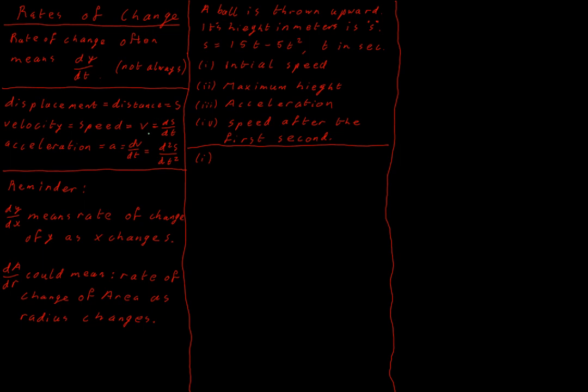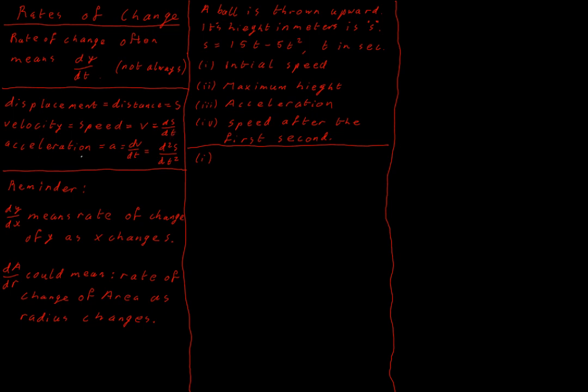Is there anything else to be said on that? Not really. So our velocity is equal to the derivative of our distance with respect to time. We have to know by heart that velocity is ds/dt.